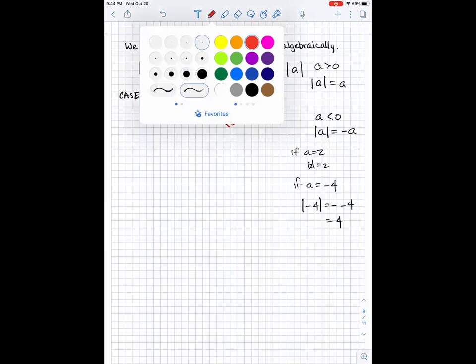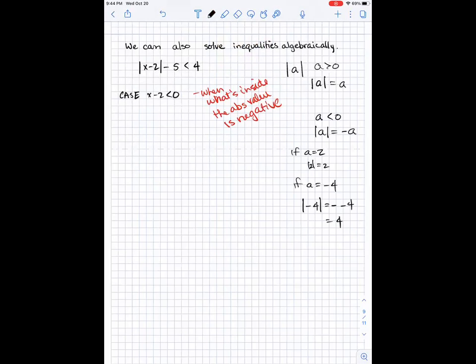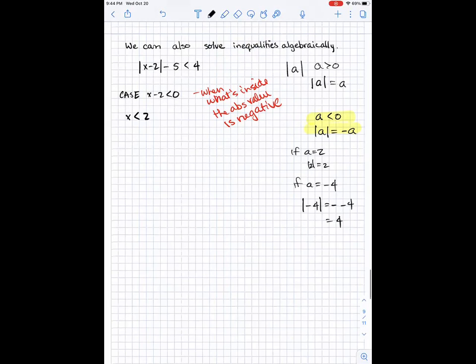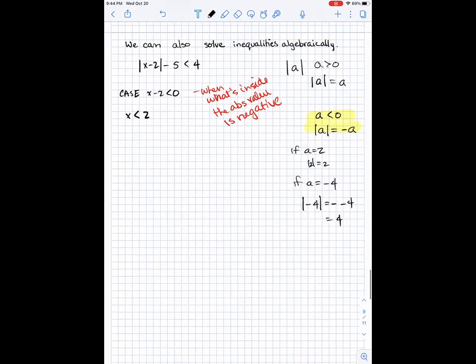In order for what's inside the absolute value to be negative, that means that x is going to be less than 2. So when x is less than 2, what's inside the absolute value is negative. Remember, if a is less than 0, so what's inside is less than 0, the absolute value is going to be equal to the opposite. So I take my inequality, and instead of using the absolute value of x minus 2, I'm going to analyze the opposite of what's inside.